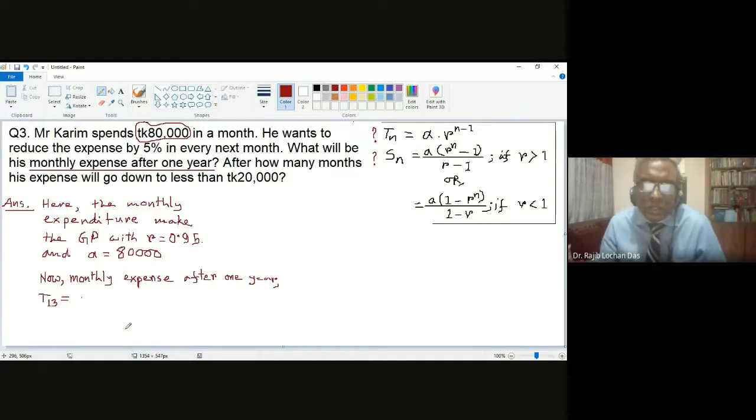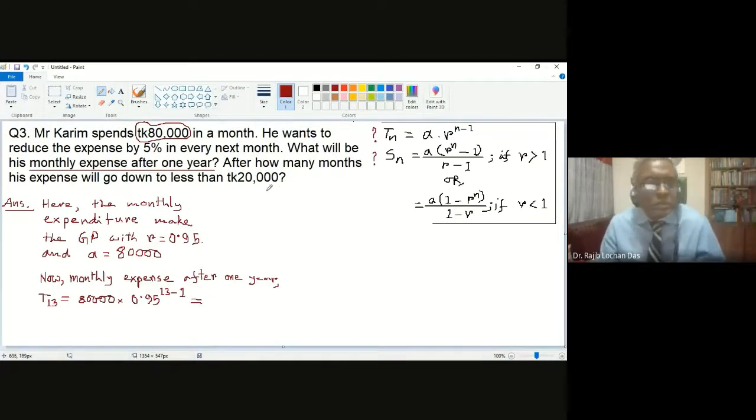So 13. So T13 will be 80,000 into R, that means 0.95 to the power 13 minus 1, so that is 0.95 to the power 12. So that will be the answer. So this is the question.